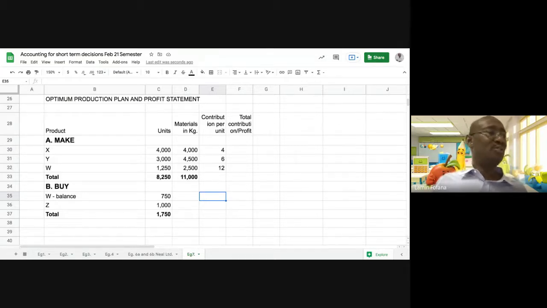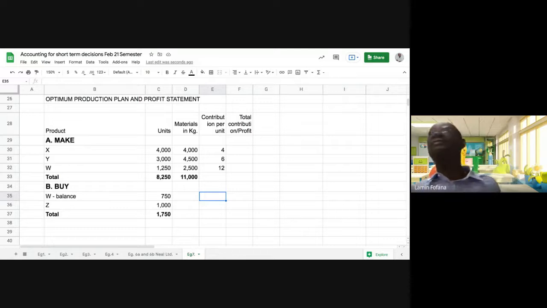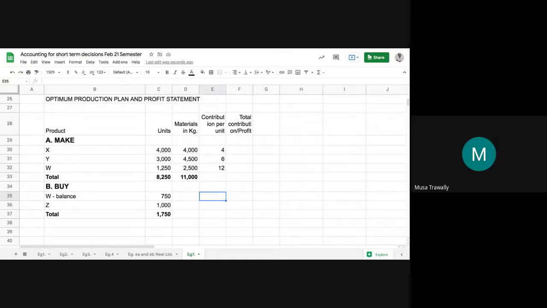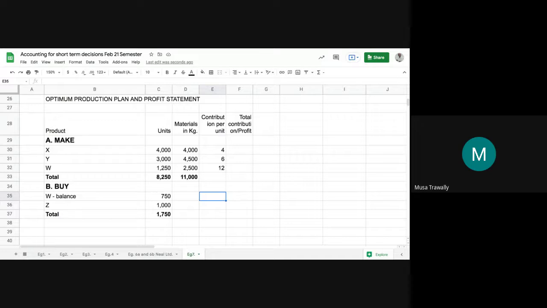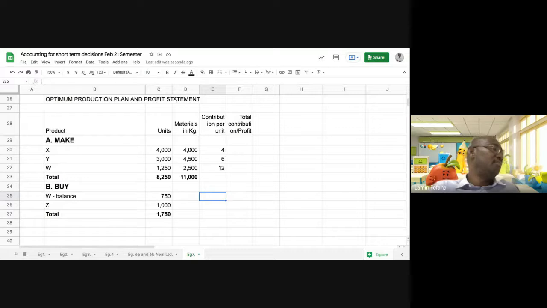Okay, can someone tell me how are we going to arrive at that? SP minus cost of buying. The selling price minus the purchase price. The selling price per unit minus the buying price per unit. Simple.